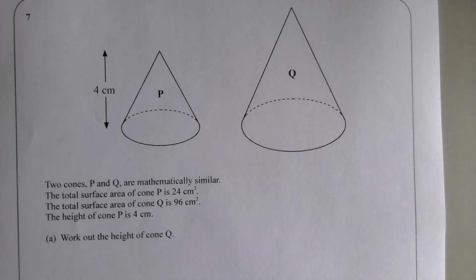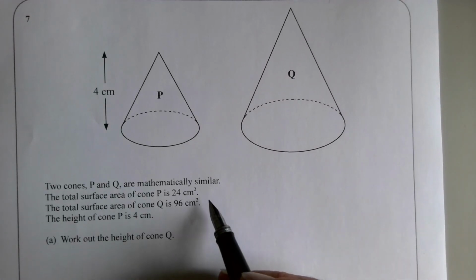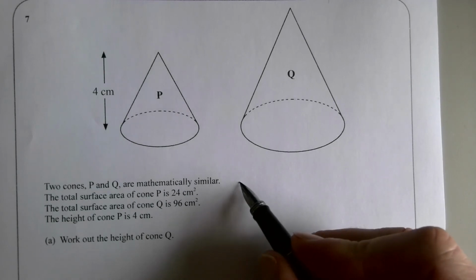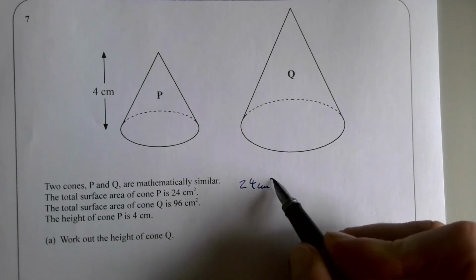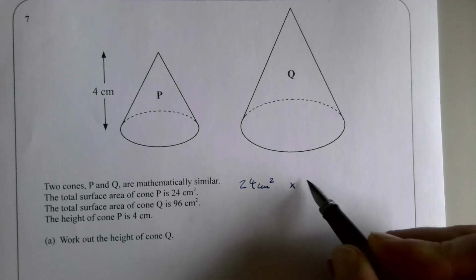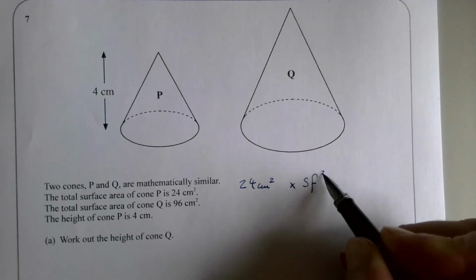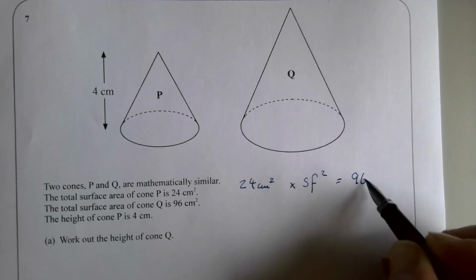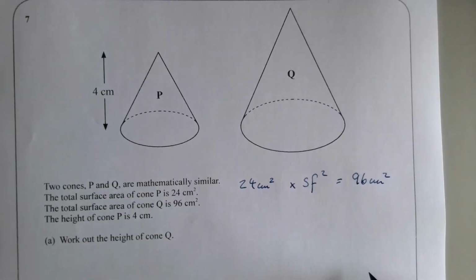Right, so what have we got? It's looking at surface area again, so that means we're looking at the scale factor squared, doesn't it? So 24 centimeters squared times whatever the scale factor squared is going to equal 96 centimeters squared.